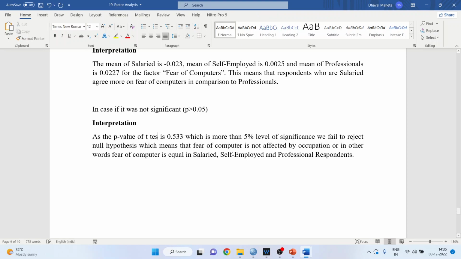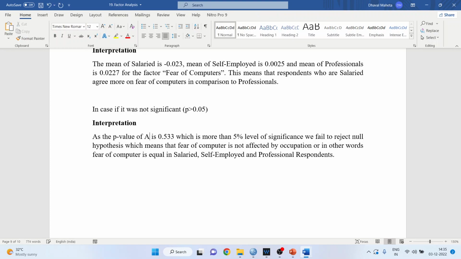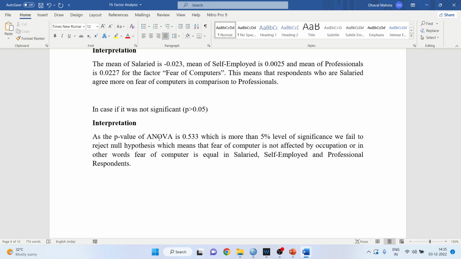As the p-value of ANOVA is 0.624, which is more than 5% level of significance, we fail to reject the null hypothesis, which means that fear of computer is not affected by the occupation, or in other words, fear of computer is equal in salaried, self-employed and professional respondents.